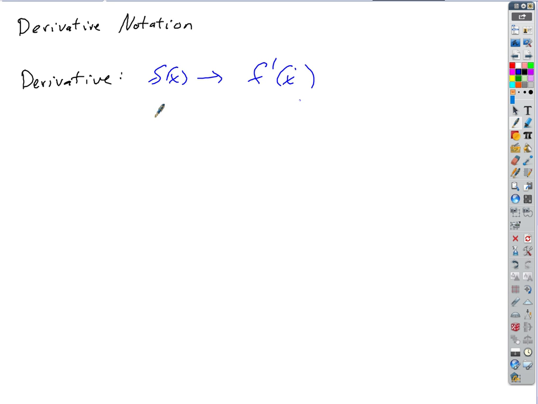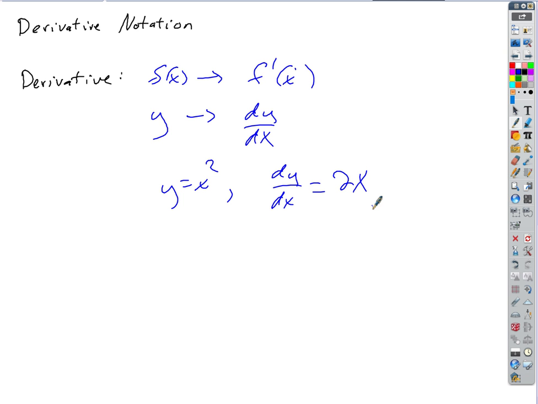If we're starting with maybe something like y equals some function, then we can write this as dy dx, right? So for example, if I have y equals x squared, what's dy dx equal to? 2x.